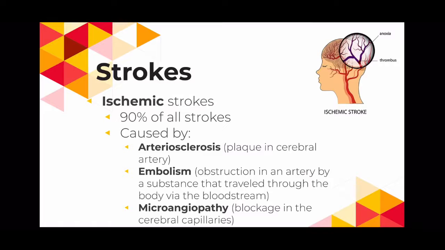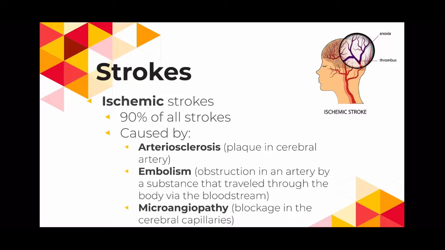These kinds of strokes account for about 90% of all strokes, so they're very common, and they can be caused by various means. So we're going to talk about 3 of them, and each of these is a word on your word list. So the first is called arteriosclerosis.